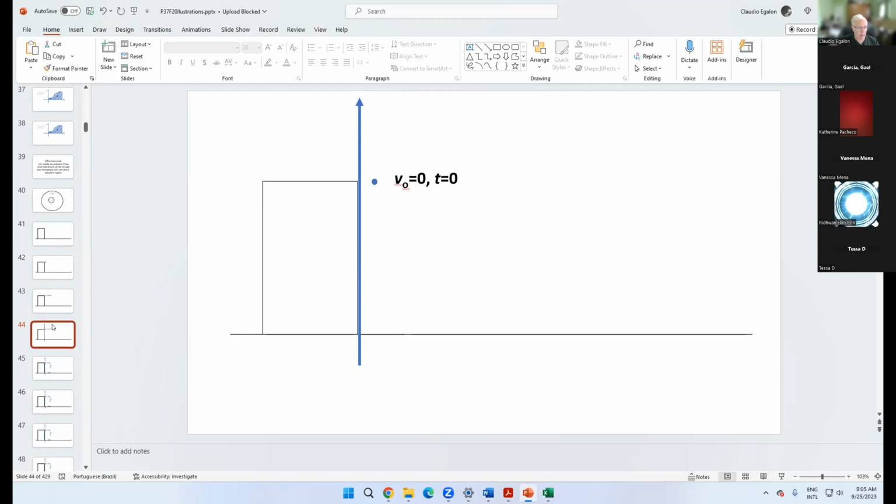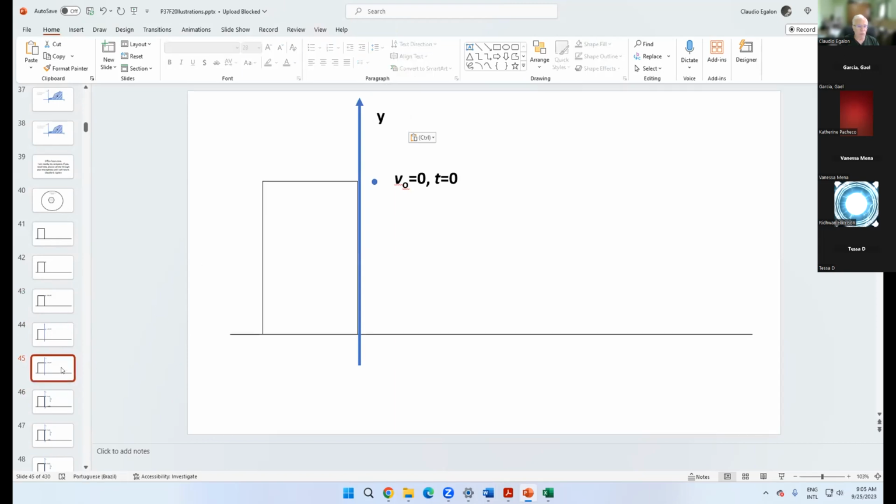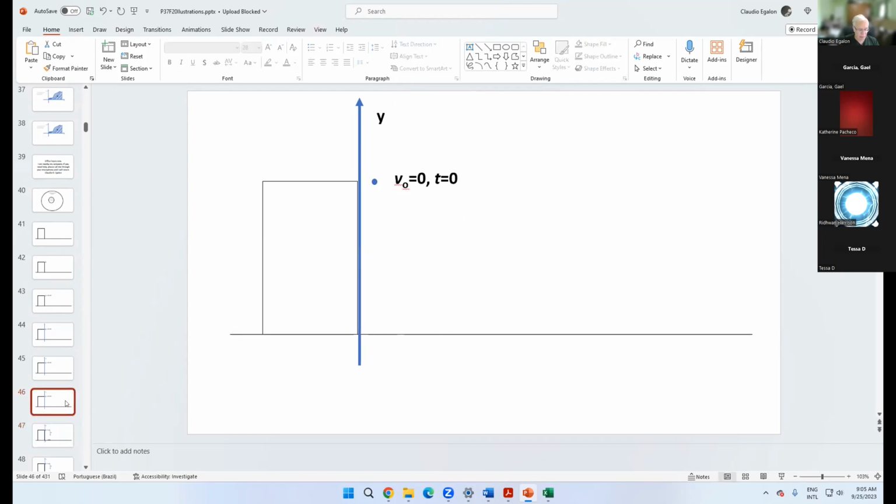I'm going to label the y-axis, just like I labeled here. I'm also going to document the initial height of the object, right here on the left side.